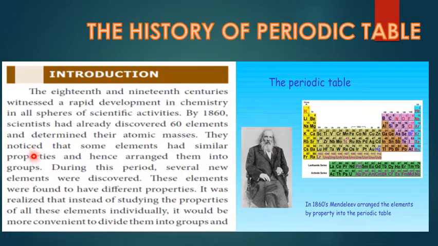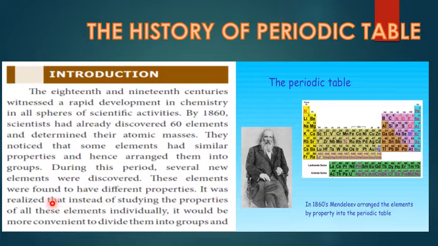They noticed that some elements have similar properties and hence arranged them into groups. During this period, several new elements were discovered. These elements were found to have different properties.